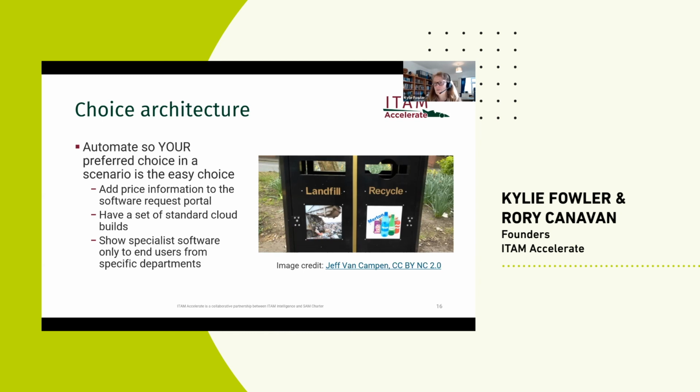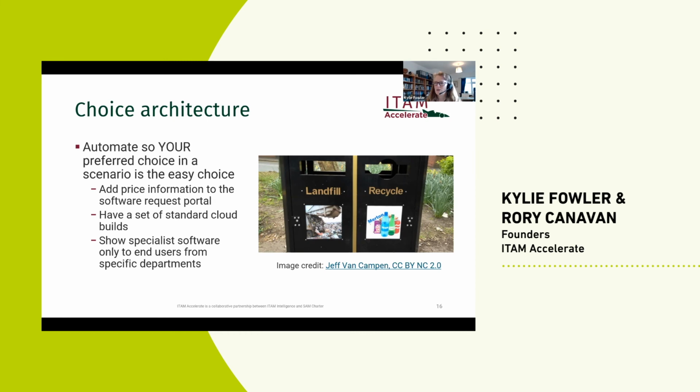The best way to explain choice architecture is absolutely this photo. You can see it's a rubbish bin owned by Merton Borough Council here in South London. One side of the bin is for landfill, for waste that can't be recycled, and the other is for waste that can be recycled.